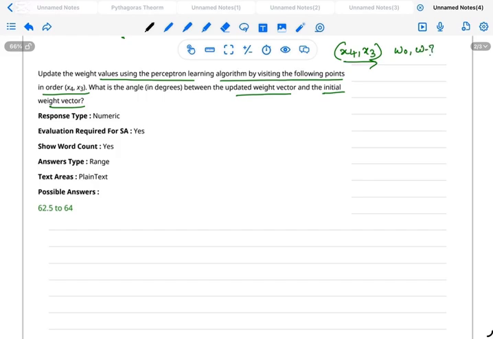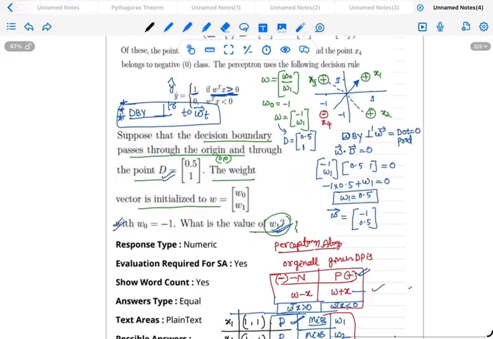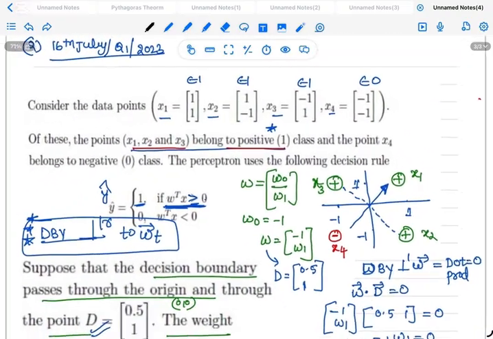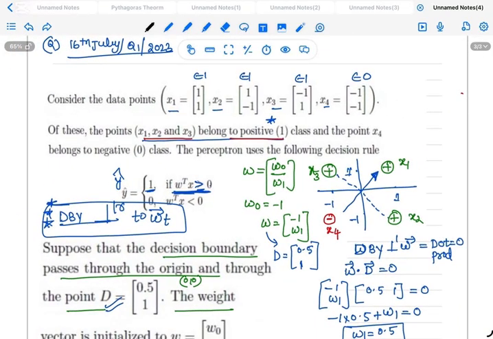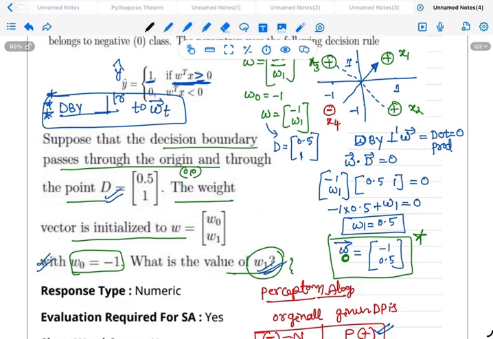We don't know how much it is updated. The initial weight vector W0 is given in the question as -1, 0.5.